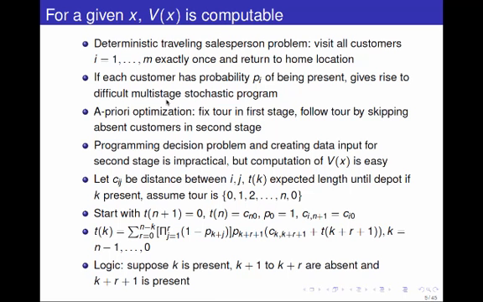The alternative for computing t of 0 would have been to set up a multi-stage stochastic program in AMPL, but that would have been enormous because of the size of the scenario set. Whereas this recursive formula will give you exactly the same answer, but just using Bellman's dynamic programming principle. And then the way you use it is, so is that clear?